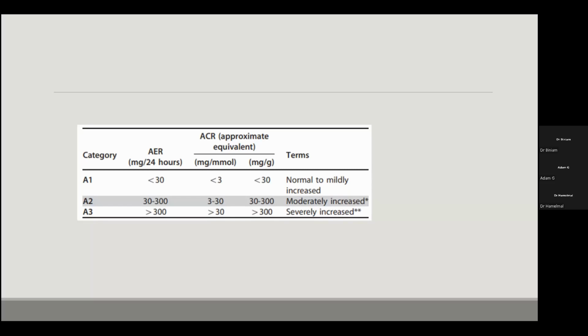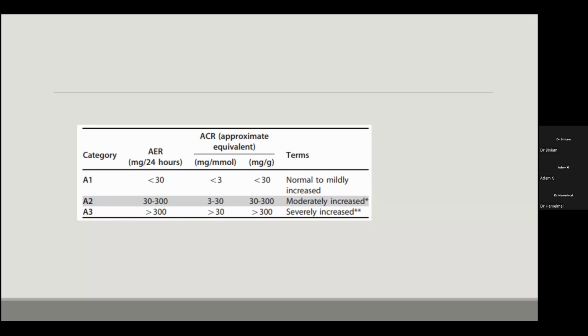Moderately increased and severely increased albuminuria should be treated. So moderately increased is 30 to 300, and above 300 is severely increased. Severely increased proteinuria includes patients with nephrotic syndrome or other glomerular pathologies. Glomerular pathologies are included in the severely increased category.